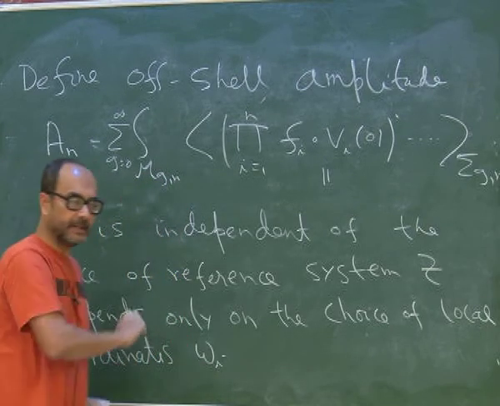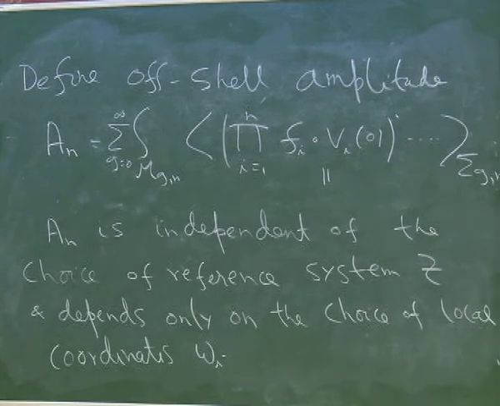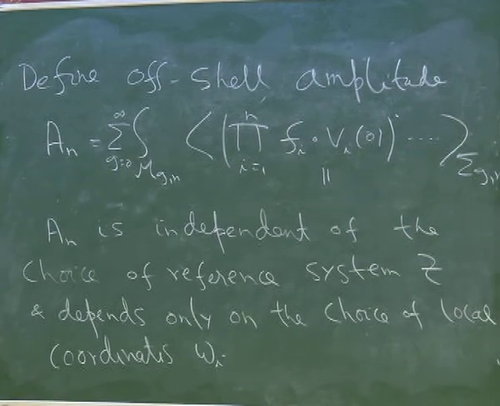I will just illustrate this by again the tachyon 3-point function example, because this looks a little abstract, so I think once we have an example it will become clear.